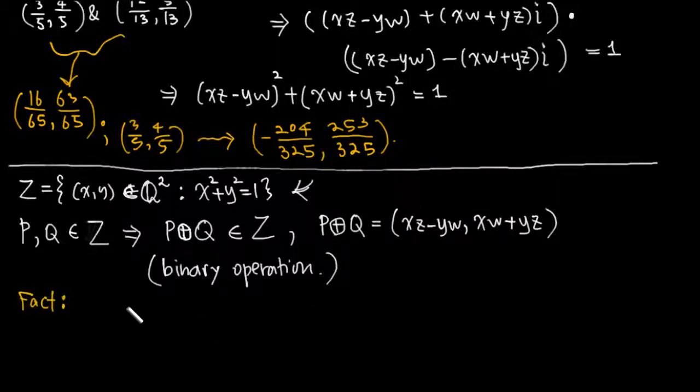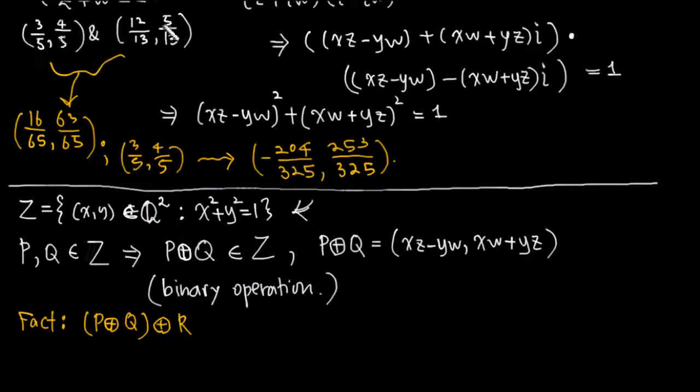It's not really hard to show that this binary operation has a really nice property. For example, usually with an operation, we expect something called the associativity law to hold. If you do P and Q first and then do R later, which is what we did earlier, if I go back a little bit, I have these 2 points done and then do the third operation. This is exactly represented by these 3 points in here.